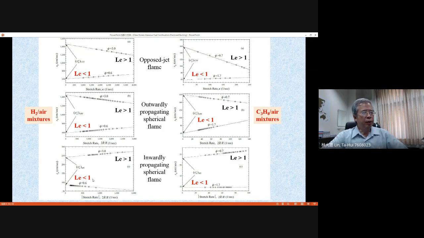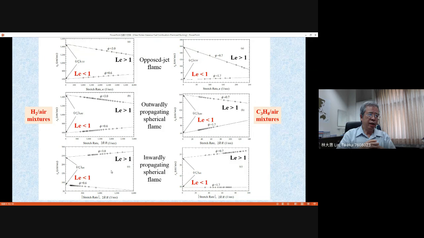For Lewis number smaller than 1, in this case, the heat diffusion in the numerator becomes a positive effect. Sorry, the Lewis number is basically the thermal diffusion divided by the mass diffusion.